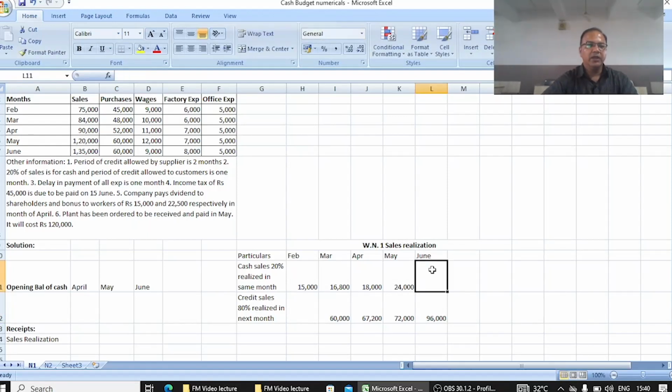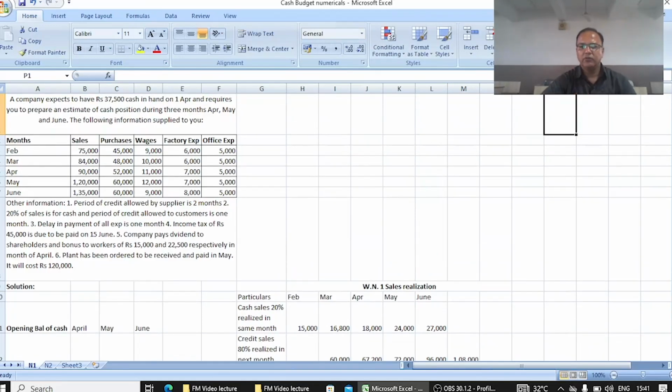Now the sale of June is 135. 20% of 135 means 27,000 rupees will be recovered in June, and the remaining 108,000 will be recovered in the month of July.